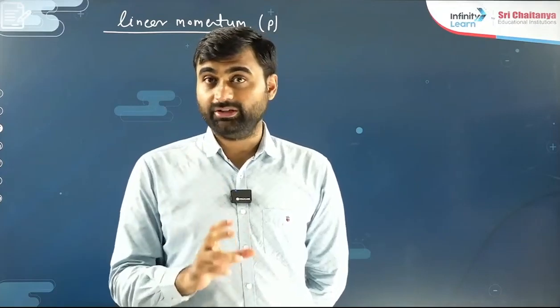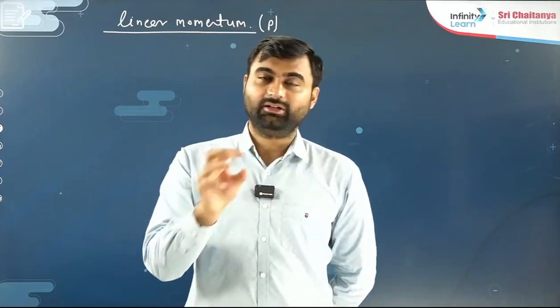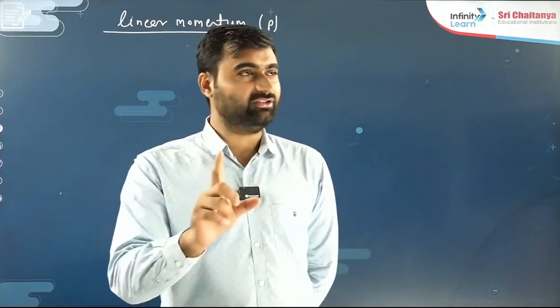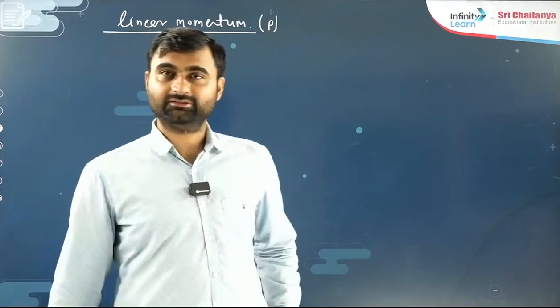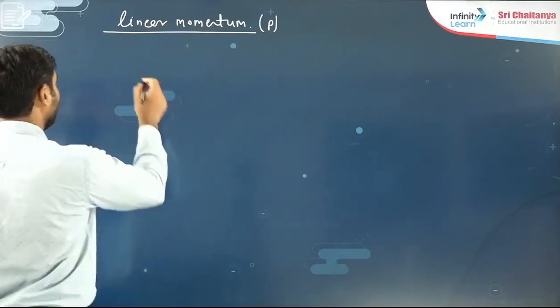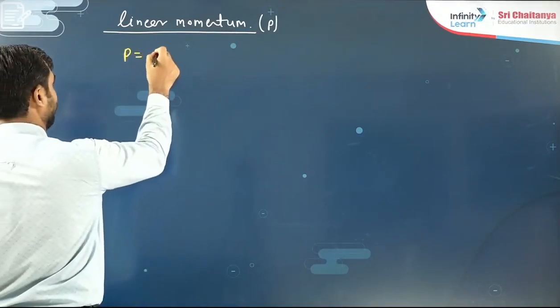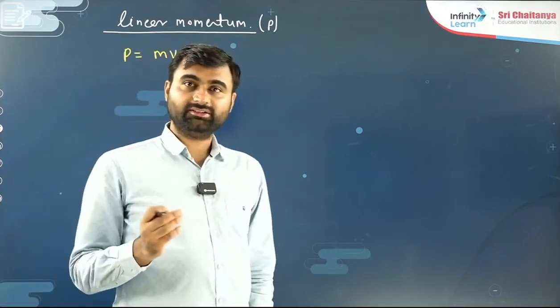There is a requirement to define a quantity that has both mass and velocity. That quantity is linear momentum. Clear? So this linear momentum formula is mv, the product of mass with velocity.